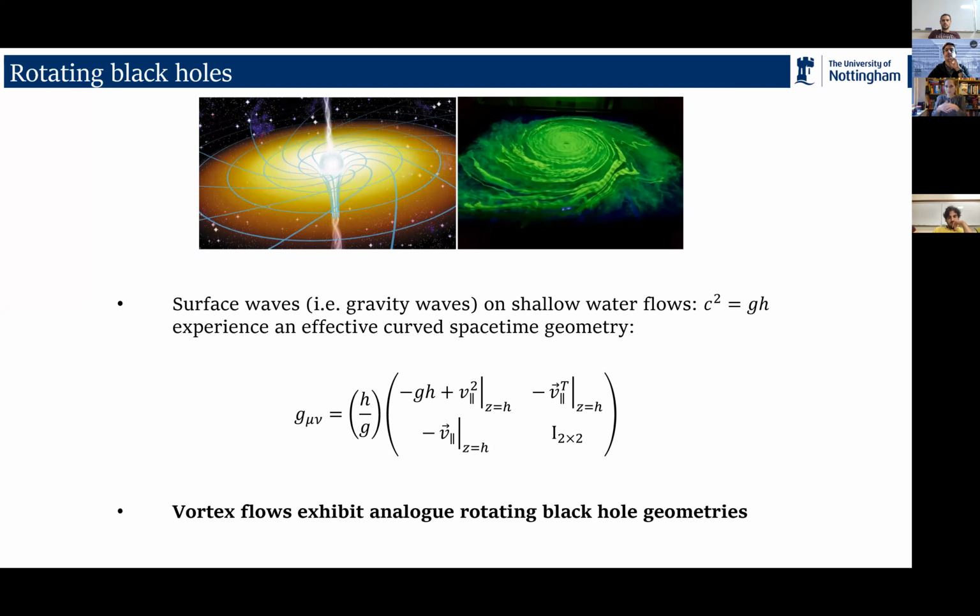So this is the setup: a 2+1-dimensional effective field theory, or a field theory on a 2+1-dimensional analog curved spacetime geometry. And these vortex flows exhibit analog rotating black hole geometries.